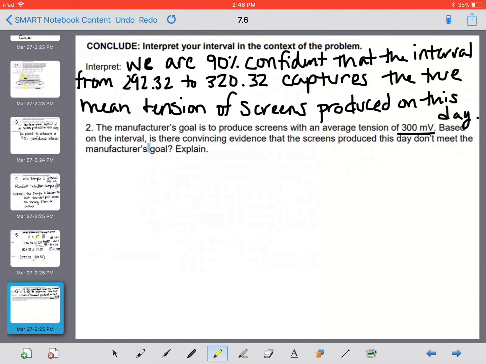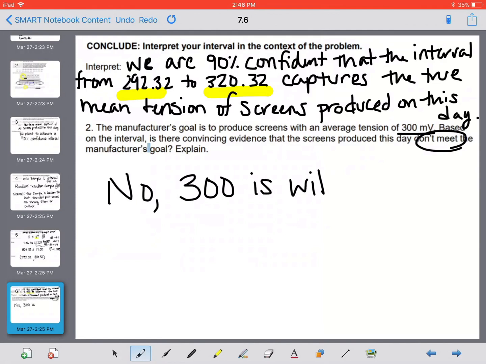Our interval is 292.32 to 320.32. So it falls within that interval, right? But they say don't meet. So our answer would be no. 300 is within our interval.